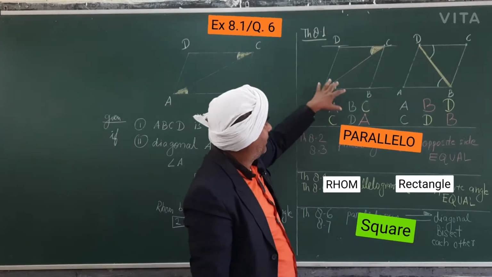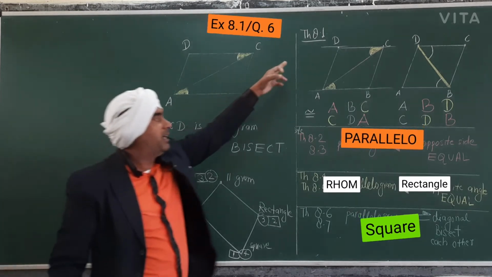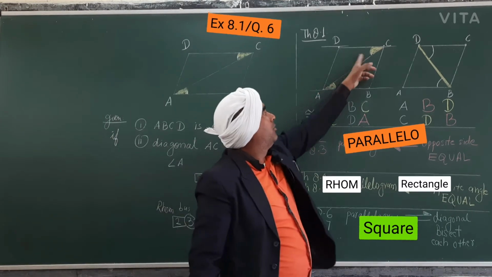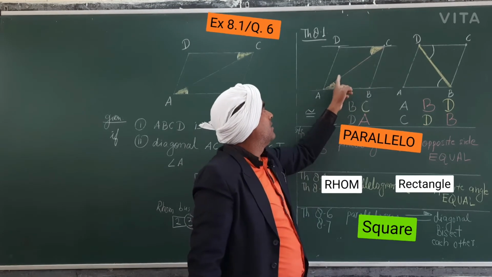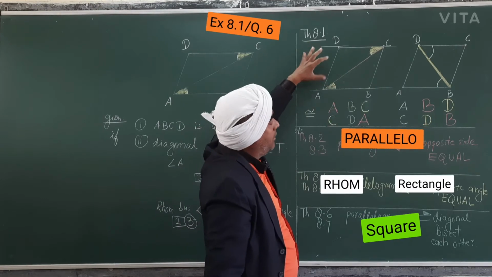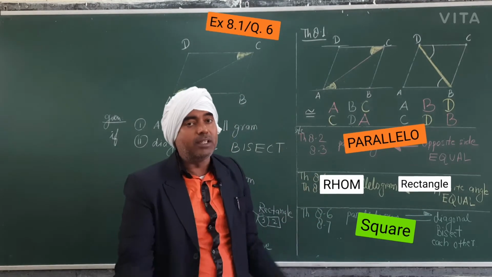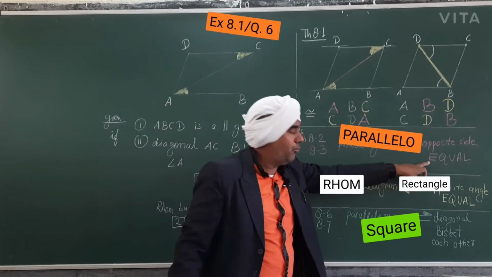In 8.1, whatever I'm telling you, the proof of theorem 8.1, you will see. This angle was equal to this angle equal to this, and AC is common. So that was angle side angle, and in 8.1 we don't have AD equal to BC. At that time we didn't know it. That is, the opposite sides equal, that you have to prove.